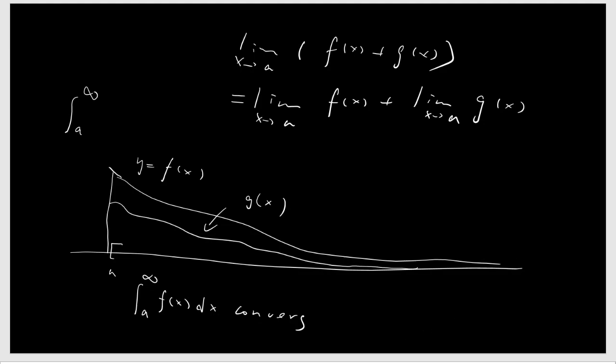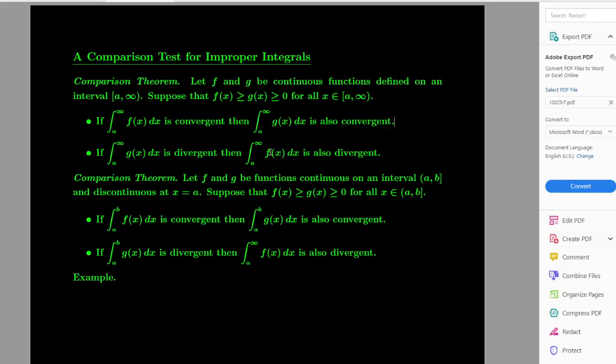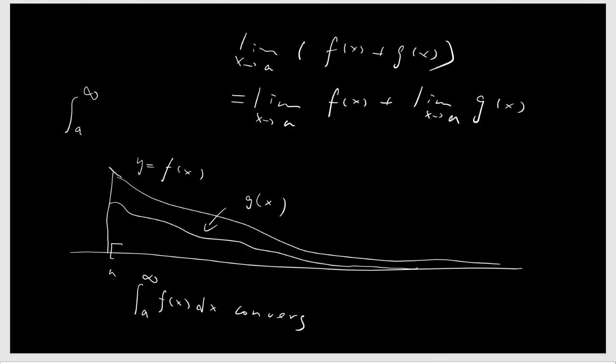So do you see the setup in here? The condition is that g of x is greater than or equal to 0 and less than f. So that's the case in here, right? g of x is less than f and above the horizontal axis, greater than or equal to 0. I hope it makes sense. If the area under f of x from A to infinity is a finite number, then the area under g of x from A to infinity is also a finite number.